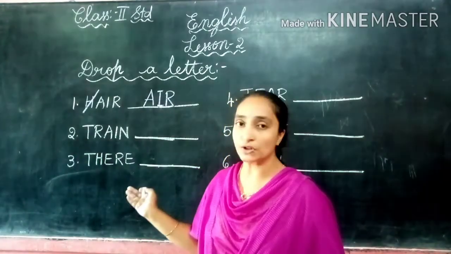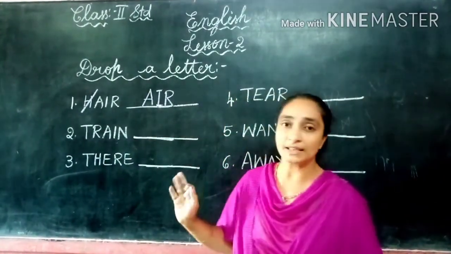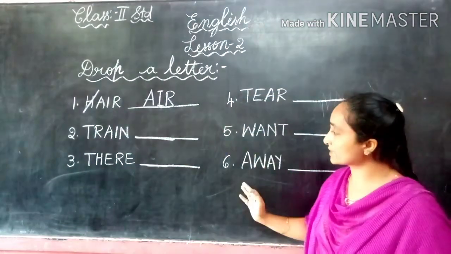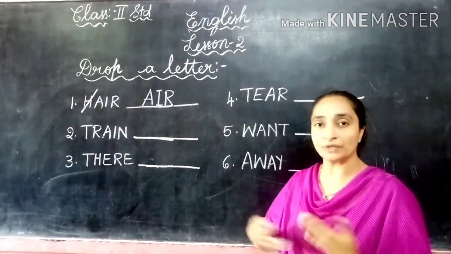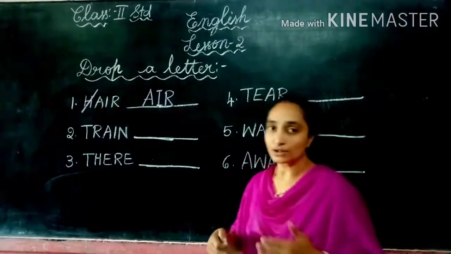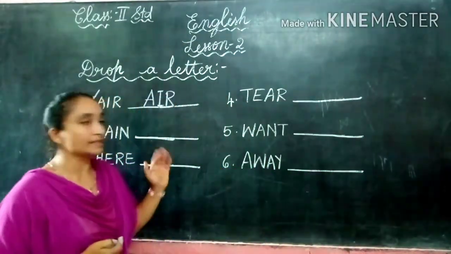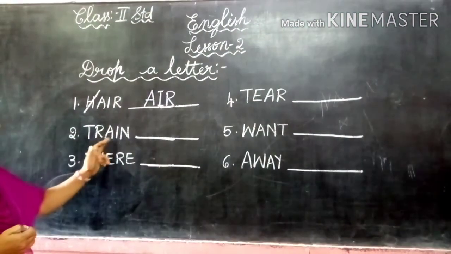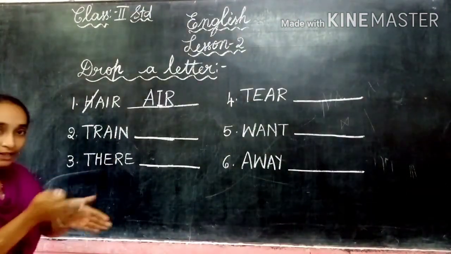So here we can do it, children. We have six words here. Let us drop one letter from these, and then you can fill the blank. So let us do it, children. The second one we will do is T-R-A-I-N, train.